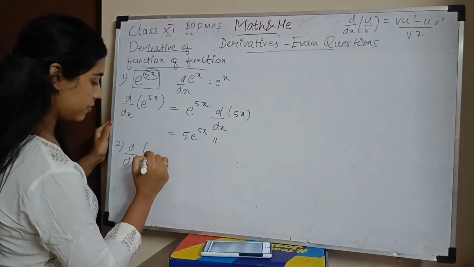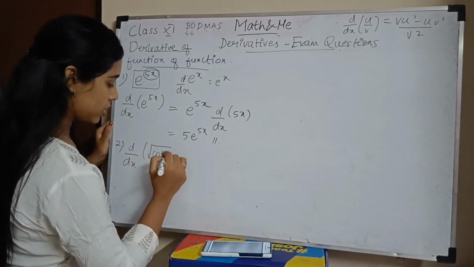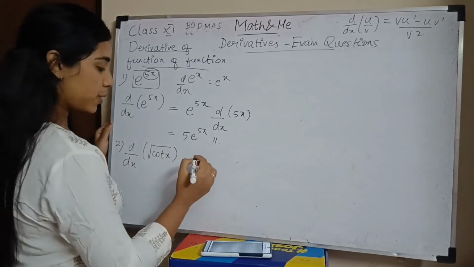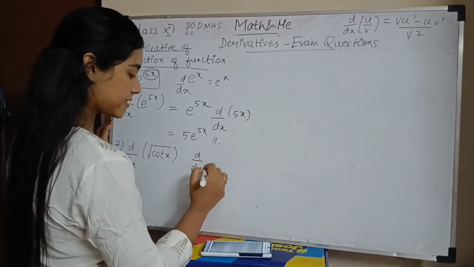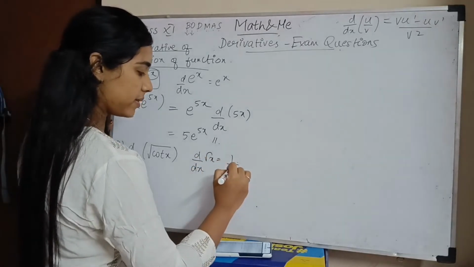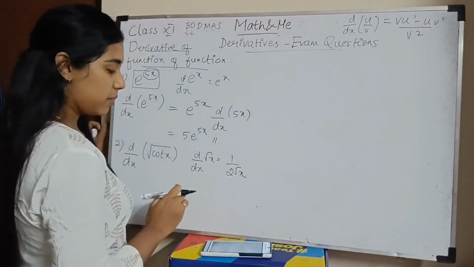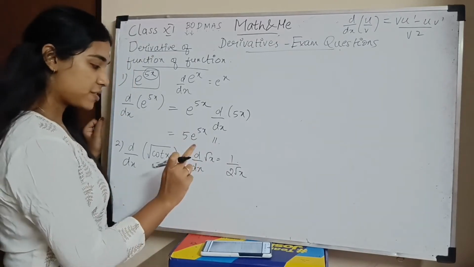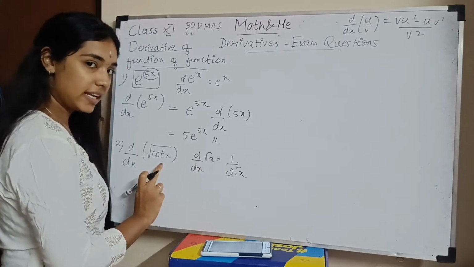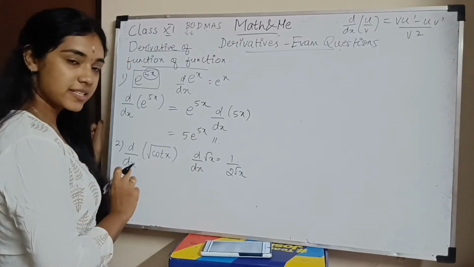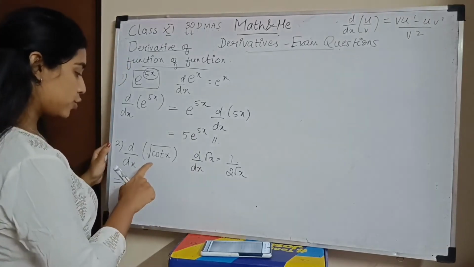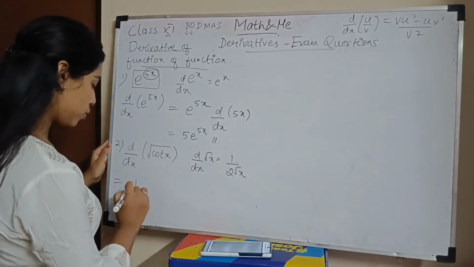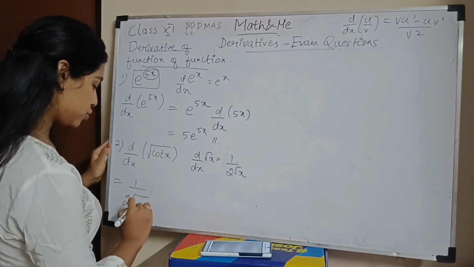d by dx of root cot x. So what is d by dx of root x? It is 1 by 2 root x. But in that, what is your x? It is cot x. So you have to first find the derivative of root x and then again take the derivative of cot x. Clear? So what do you do? Root x or a derivative 1 by 2 root x.